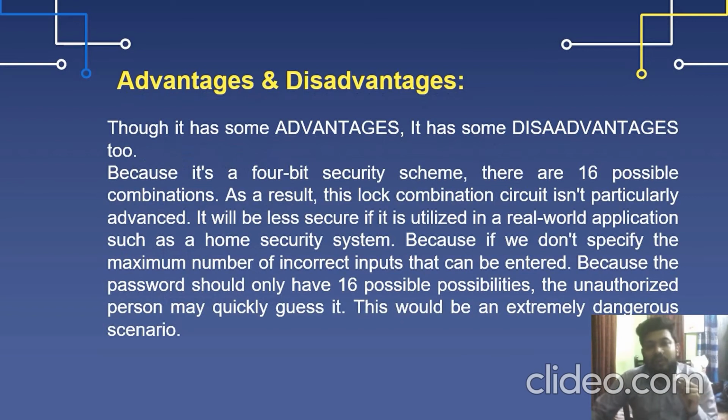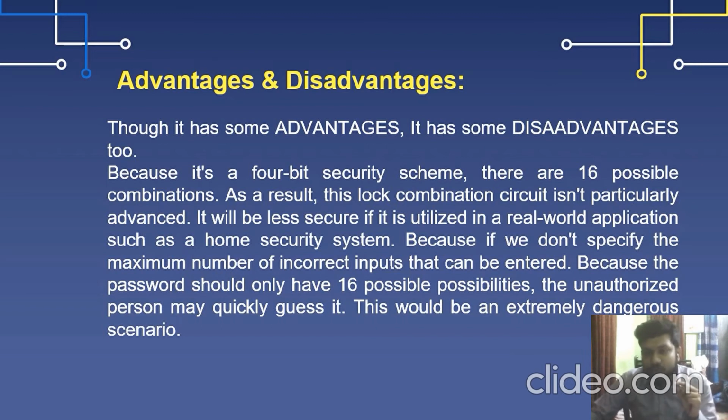Now I'm going to talk about disadvantages. Though it has some advantages, it has some disadvantages too. Because it's a 4-bit security scheme, there are 16 possible combinations. As a result, this lock combination circuit is less secure if it is utilized in a real-world application such as a home security system.